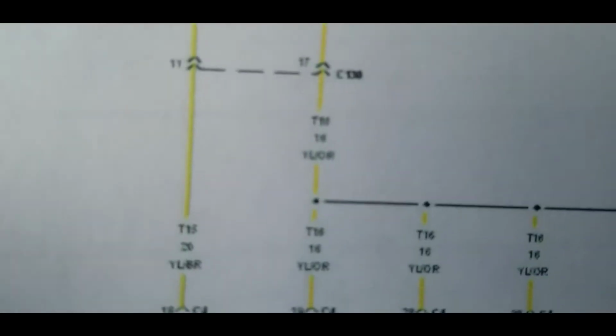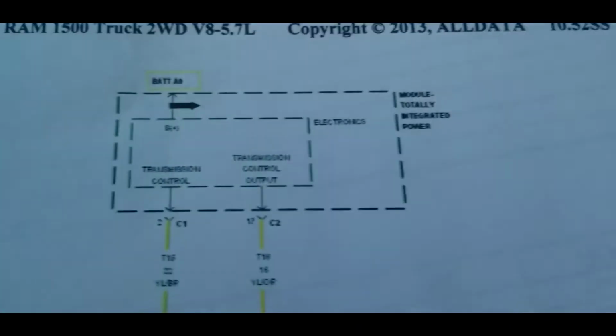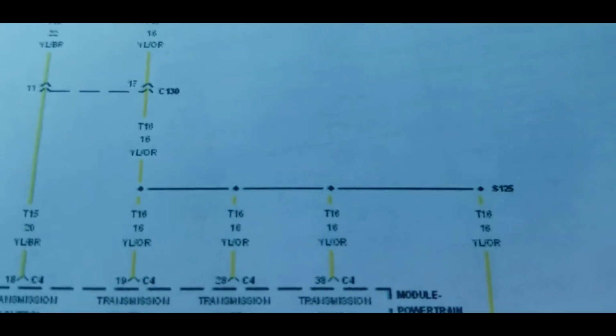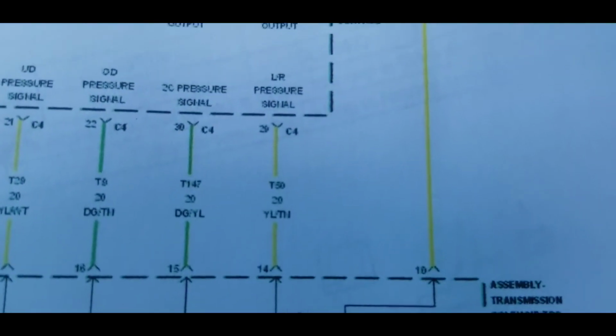The computer tells the TIPM to turn that circuit on. Those TIPMs are very common for failure. Not very, very common, but they are pretty well known on the Dodges to have issues. So it ties into all these points here, and it goes down and it feeds the transmission.